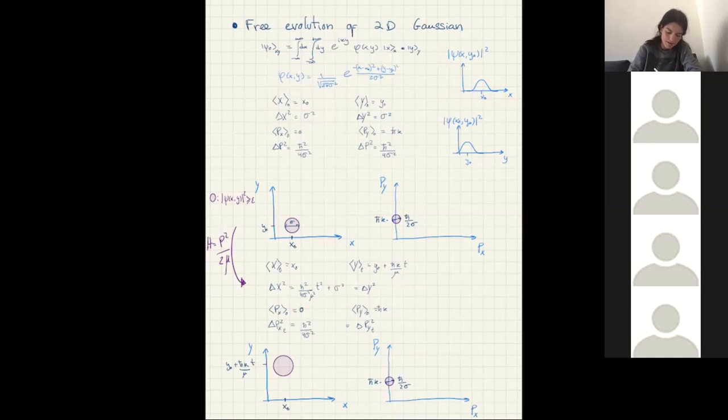And the initial momentum over x is 0 because there's no k_x here. And the initial variance of momentum is given by the inverse of the variance in position. And the same for y, except on y now we have momentum hbar k because the k is multiplied by y up there. Okay.